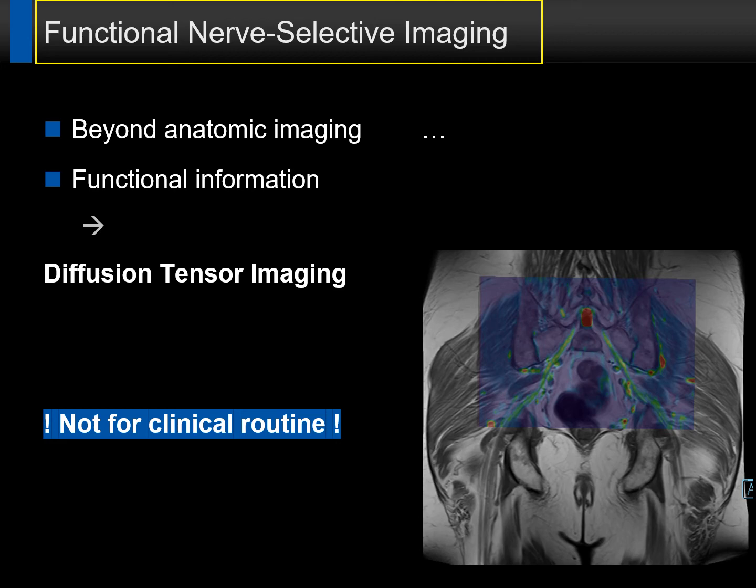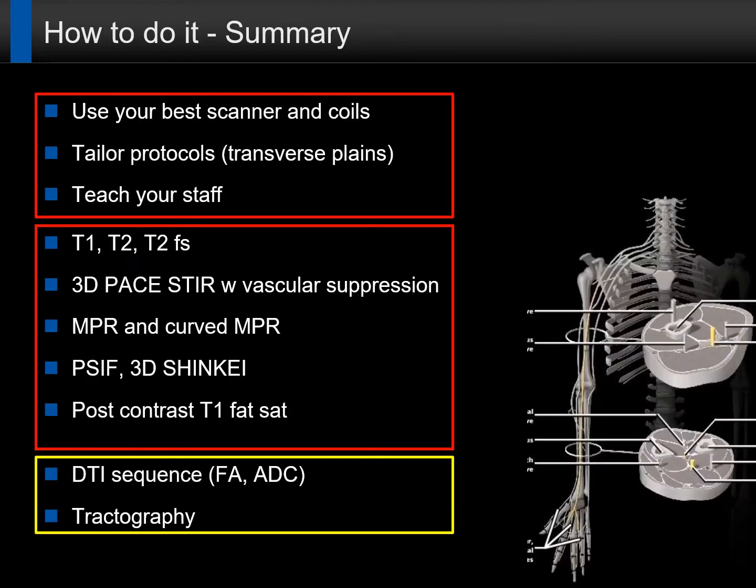I will not cover functional nerve imaging in this talk because for me in the clinical routine it's not really important. I do it from time to time, select cases, but it's not part of our routine imaging protocol anymore. So, summary, how I do it. Well, I use my best scanner and the coils. I tailor protocols. I have standard protocols, but I also personalize them if needed.